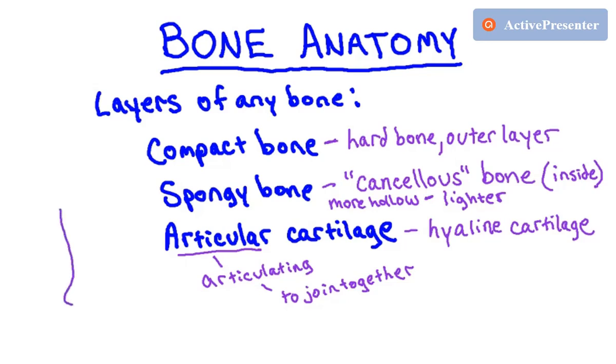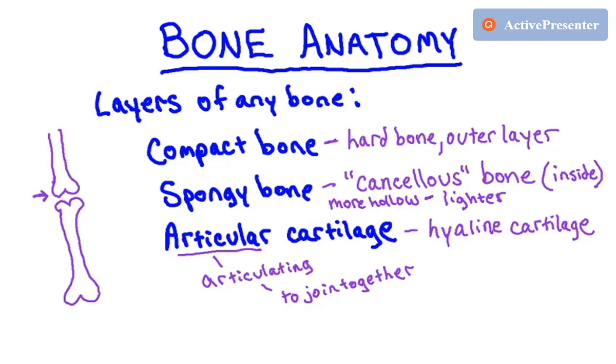So pretty much what that means is that the ends of the bone, wherever the bone is going to, here let me draw a little generic bone, the ends of the bone are going to connect with another bone, right, and form a joint. And so we don't want this rough, hard bone rubbing up against another bone, because that would be really painful.